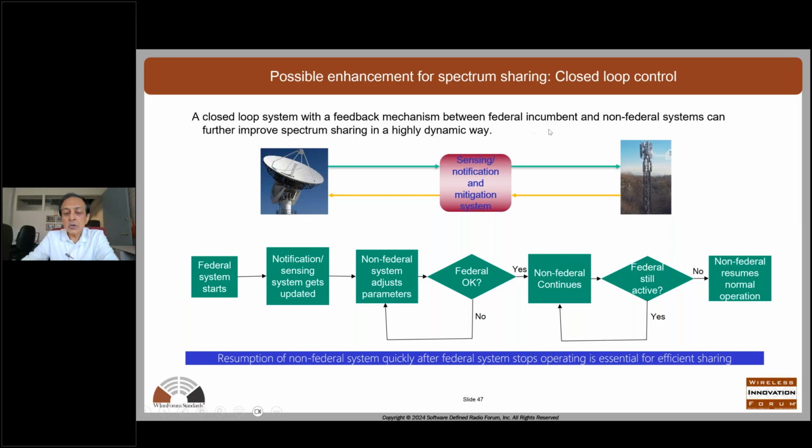But there is no real measurement back and forth between the radars and the commercial systems about how effective those methods are, whether they are overly restrictive or not, and so on and so forth. So what happens in these open loop systems, most of the time, is we are overprotective of the radar system.